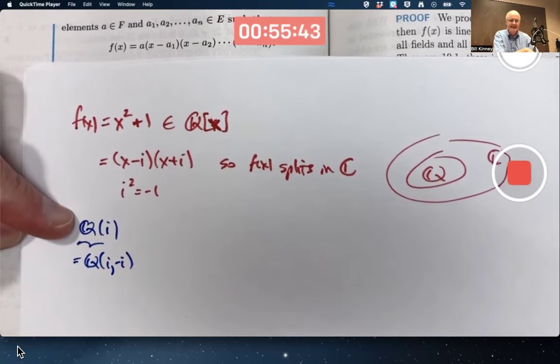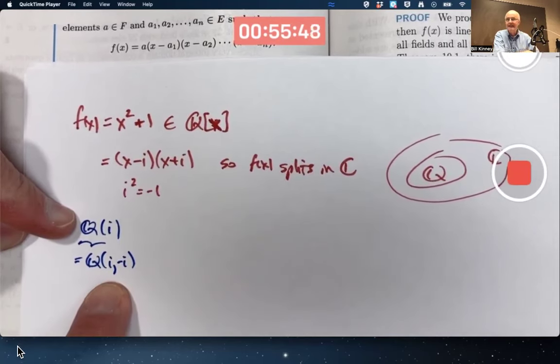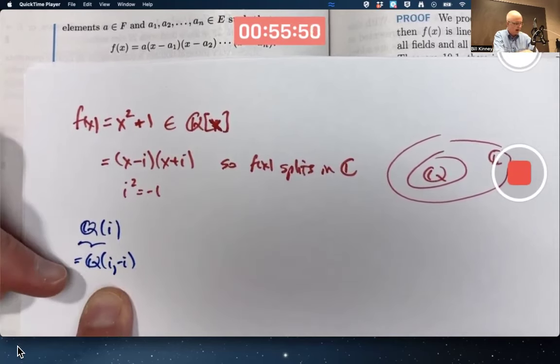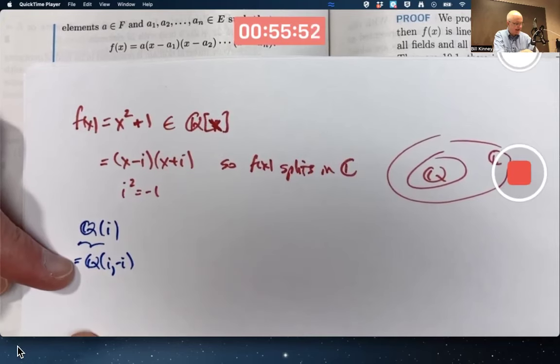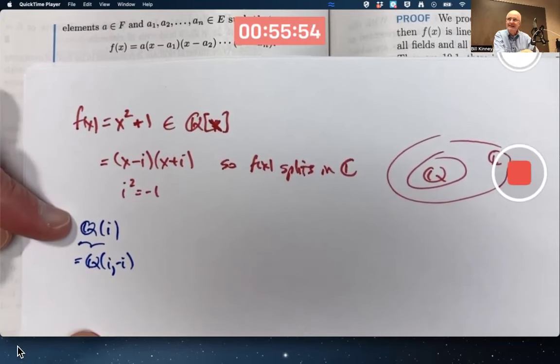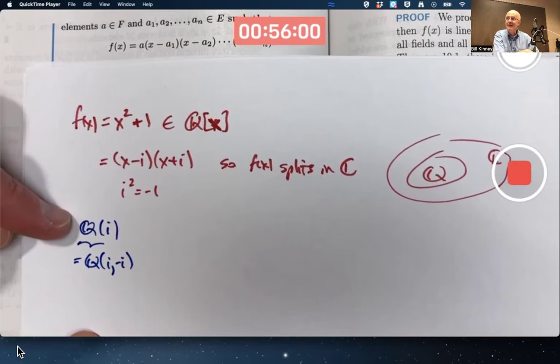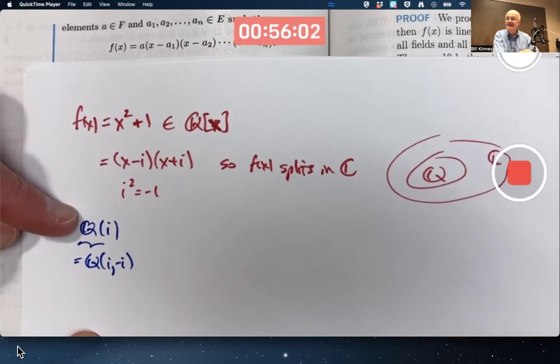Certainly this, the one up top, is a subfield of that subset. Does it go the other way around? Is this thing a subset of that? If this thing here that I'm pointing at contains negative i, then that'll be true. Why?